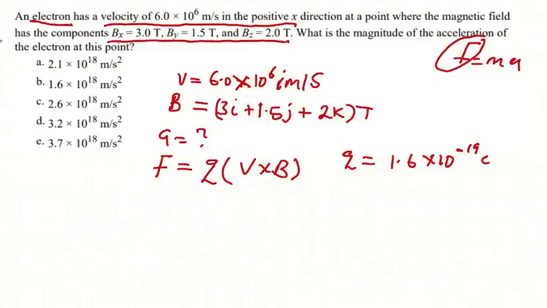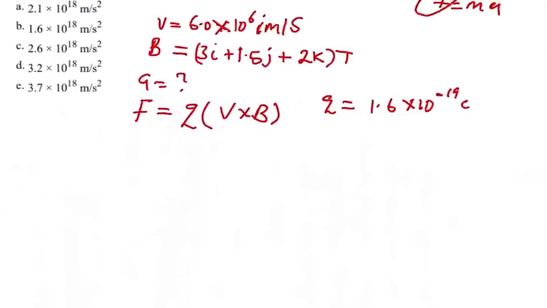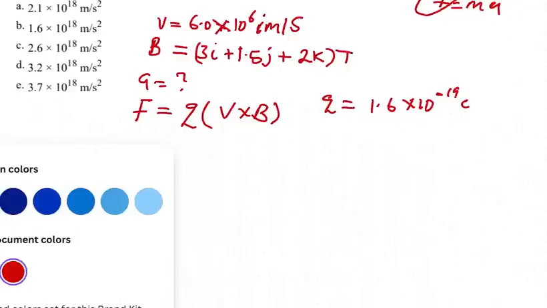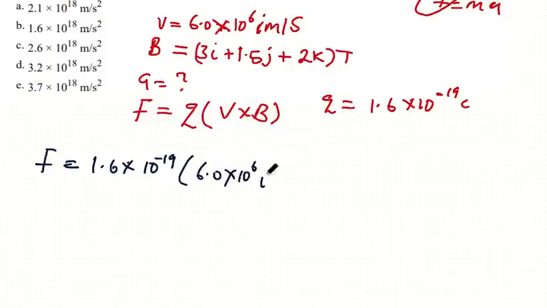So let's solve. Solving for F, we have F equal to Q, which is 1.6 times 10 to the power minus 19, into the v, which was only given to be 6.0 times 10 power 6 i, cross the magnetic field, which is 3i plus 1.5j plus 2k.